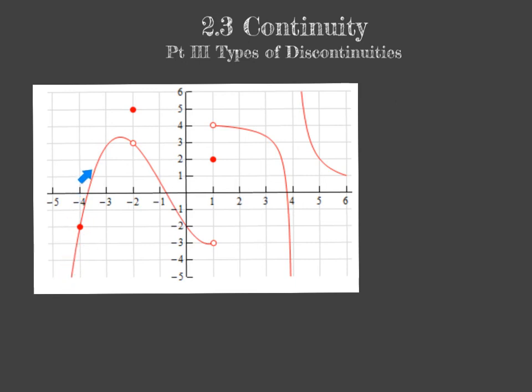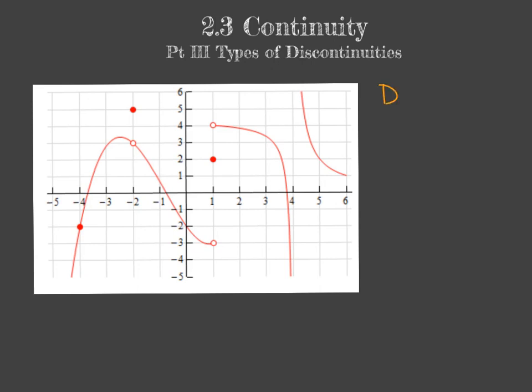We can see that this is definitely a piecewise function, and there's a vertical asymptote going on, some open circles, some closed circles. So let's look from left to right and identify our first point of discontinuity. It looks like our first point of discontinuity is going to be when x is negative 2.